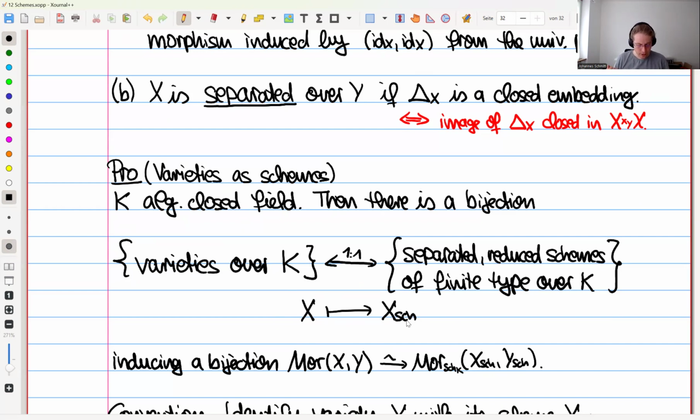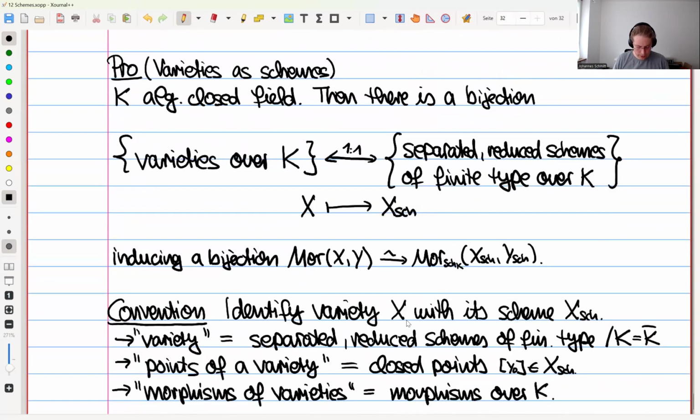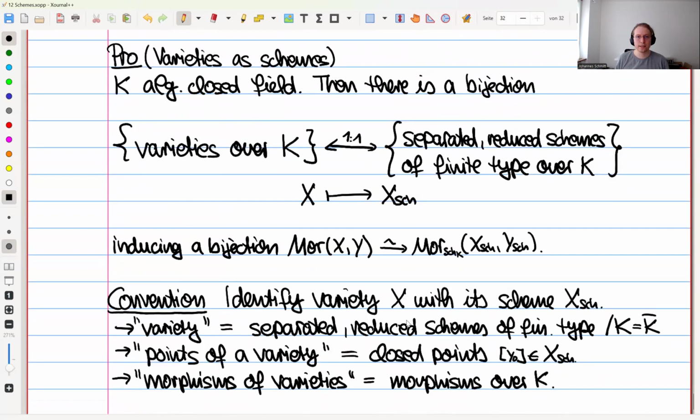And so why did we go through all of this work? Well, it's because now we can identify varieties with their respective schemes. So instead of me, for the rest of the course, always saying, this is the scheme associated to this variety, we just identify now any variety with its scheme.